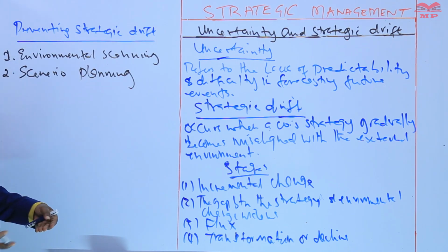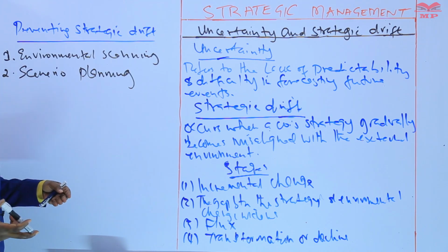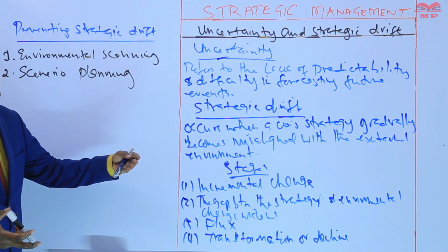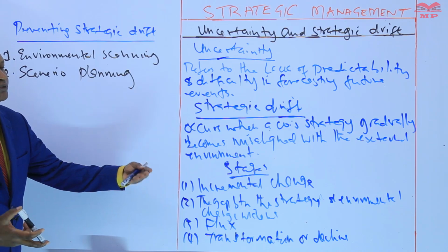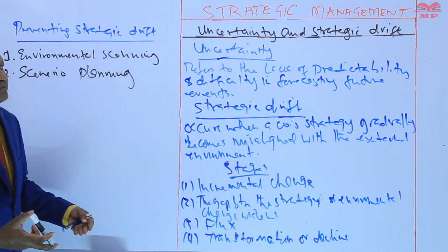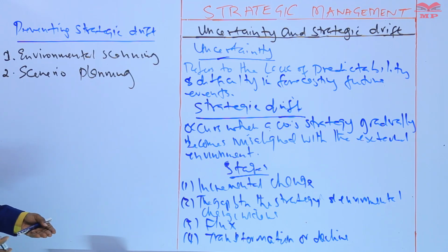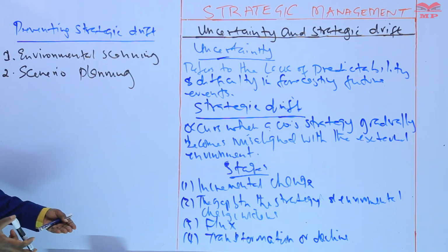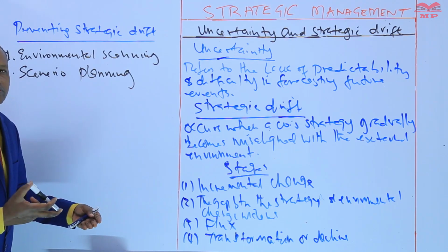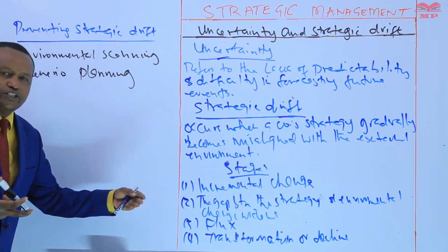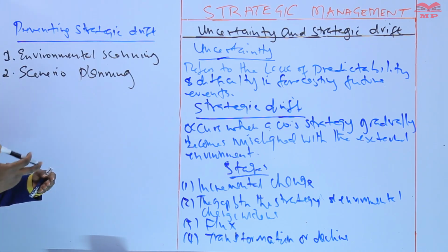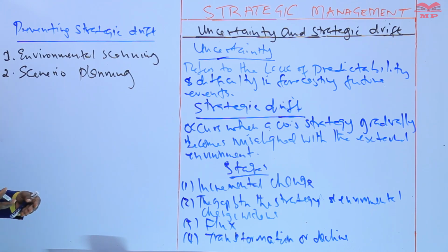The what ifs. Sit down and think, what if the government passed a law that prohibits the production of the goods and services that we are producing? Have that scenario, then think of how you can get out of it, how you can mitigate such a scenario, or in case it may happen.